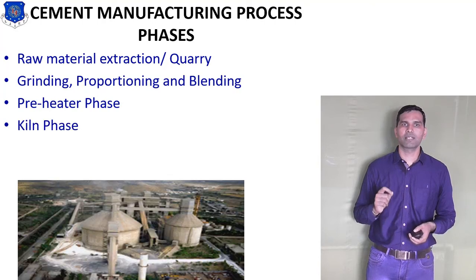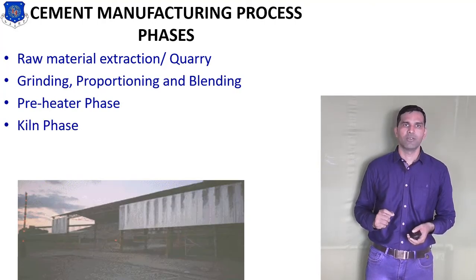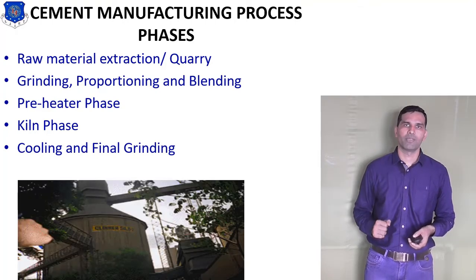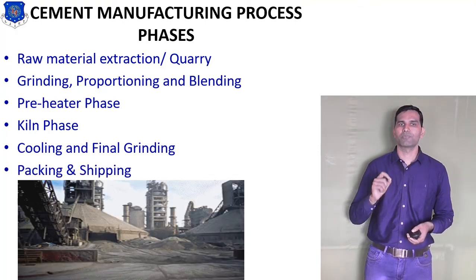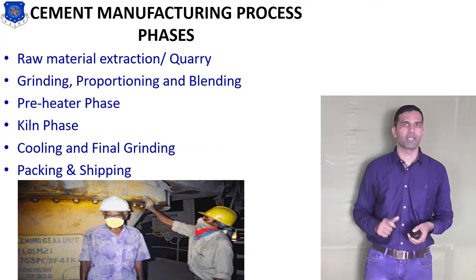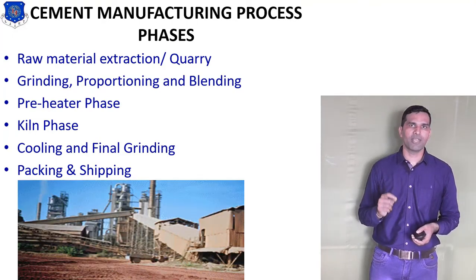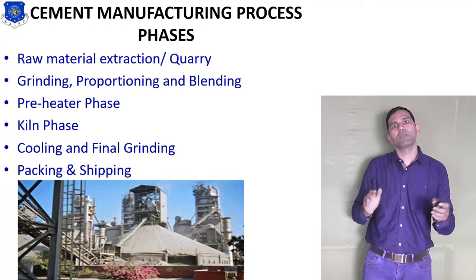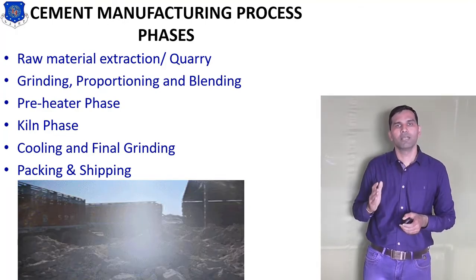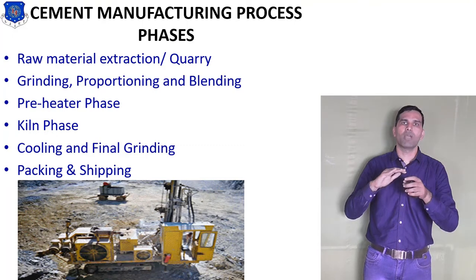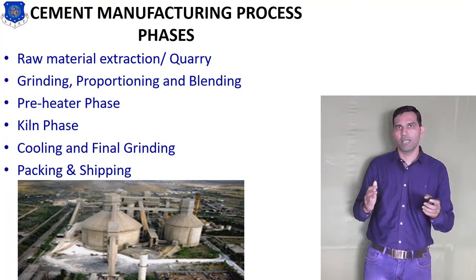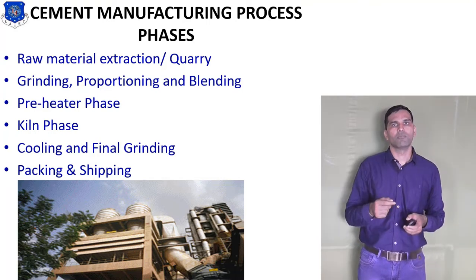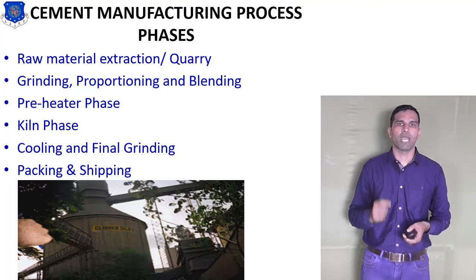Then the next is the kiln phase. Then the next is cooling and final grinding. And the last one is packing and sealing. So these are the phases into which we divide the whole operation of cement manufacturing. That means we divide the cement manufacturing process into these six phases. We will discuss them one by one.